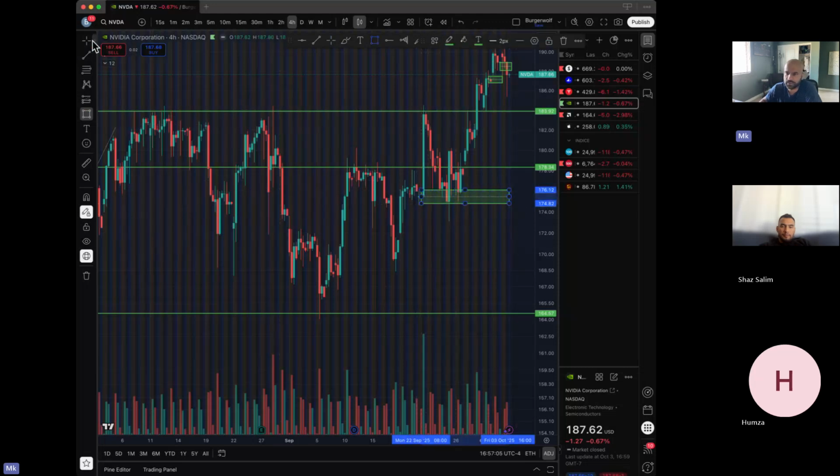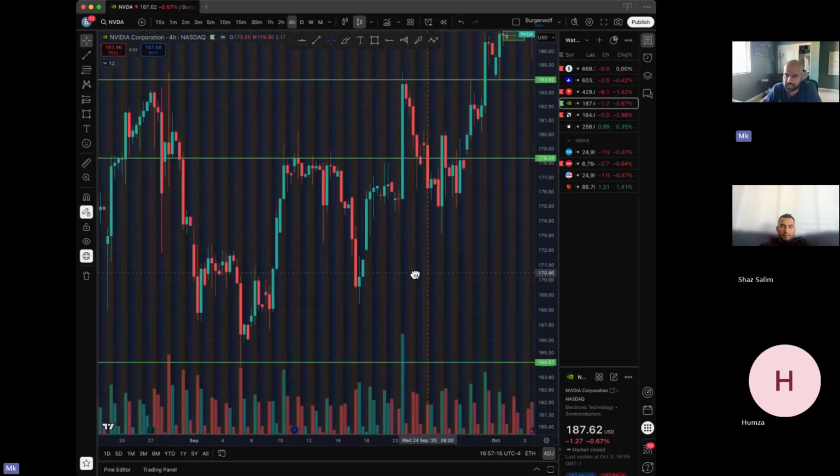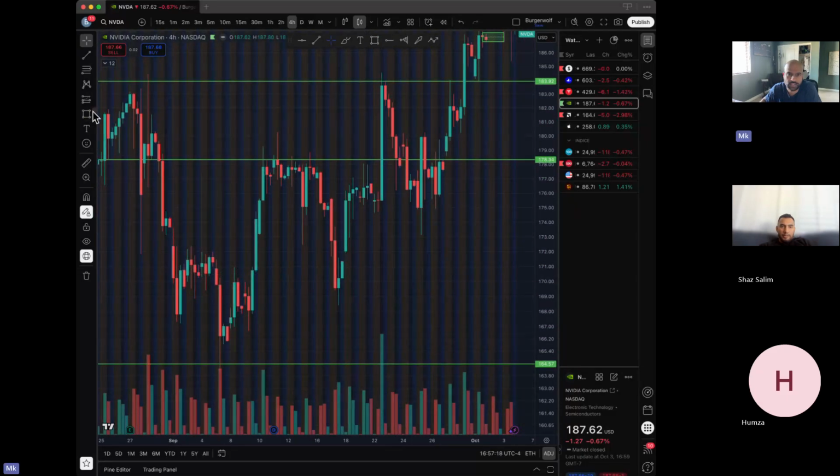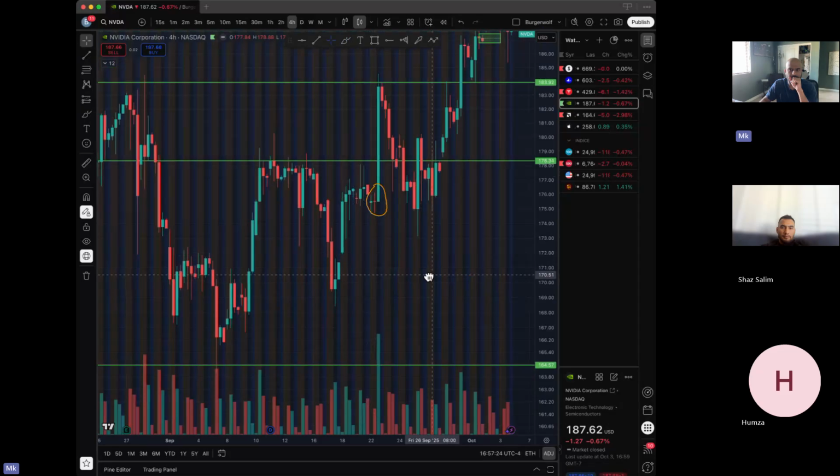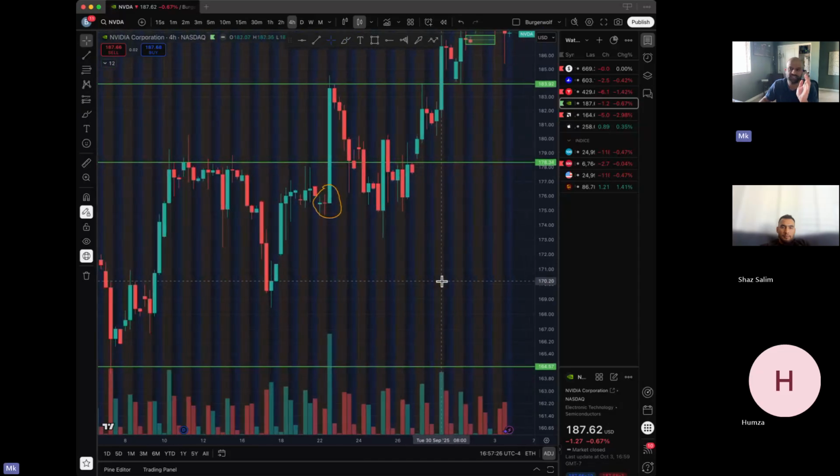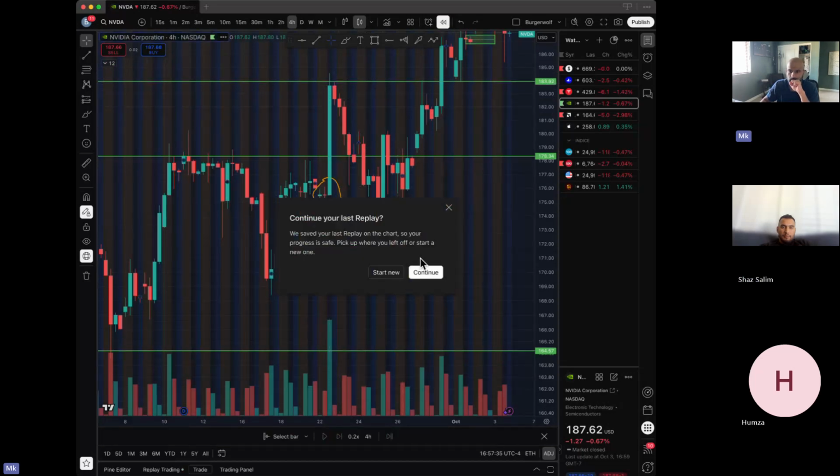The reason I drew it here is because of this. You see this wick? You see this big body candle? This tells me there is an aggressive amount of buyers in this area, and it shot this candle up.